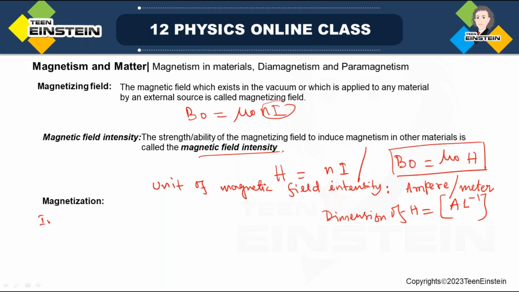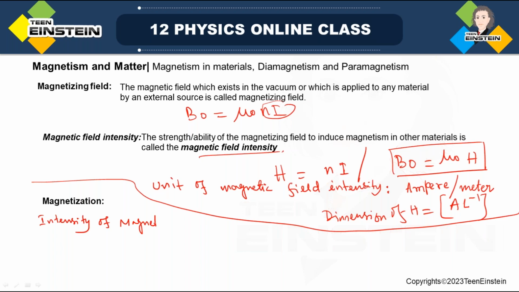It is defined as the net magnetic dipole moment, the net magnetic moment developed per unit volume.